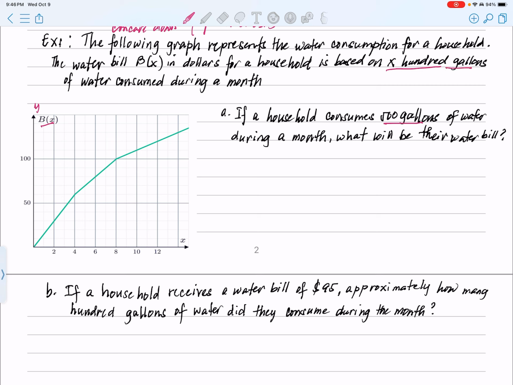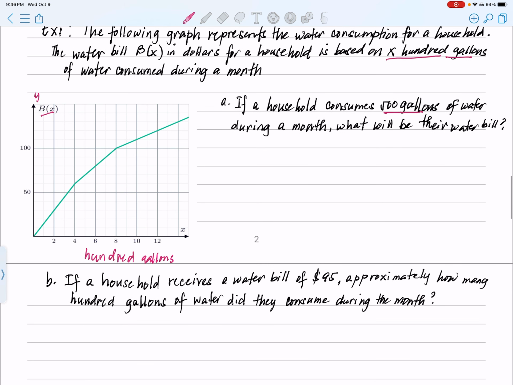So the X here is in terms of 100 gallons. If you have 2, that means 200 gallons, 400 gallons, and so on of water consumed during a month. Okay. So the Y is the amount of value that you are paying. And this is B of X.